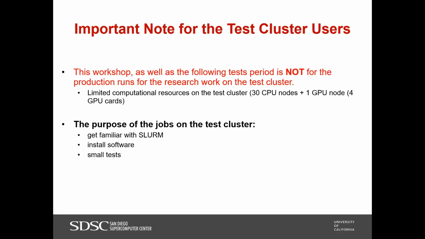But please still use only a small portion of our computational resources to get familiar with SLURM, for example, or for installing software and running some small tests to see if your code can work on TSCC 2. After the testing period, we will lift those resource limitations for you to run large production runs.